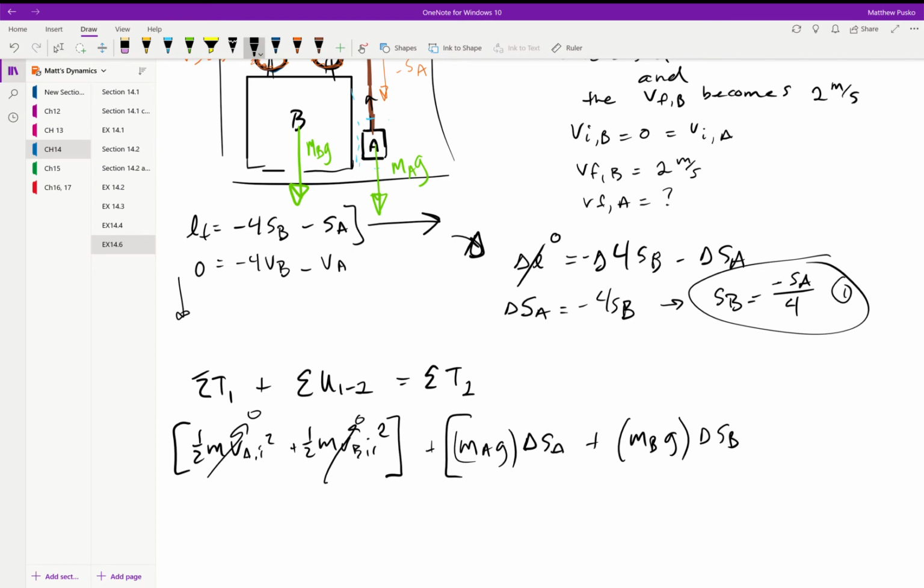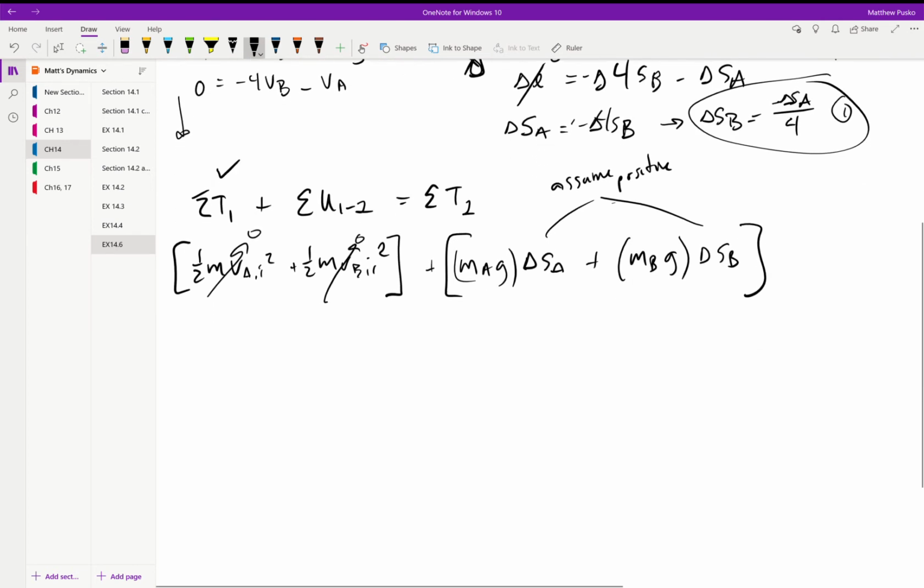So we can throw deltas in front of these, and substitute those back into our equation later, because we're going to need a relationship between these two things. And we're also going to assume that these are just positive now. Don't assume one is positive and one is negative. We'll get that from this equation right here. Alright, that takes care of this and this.